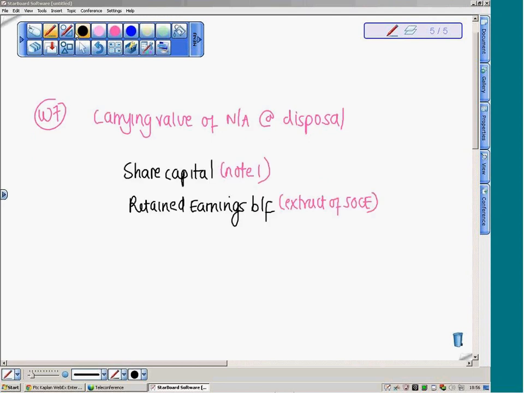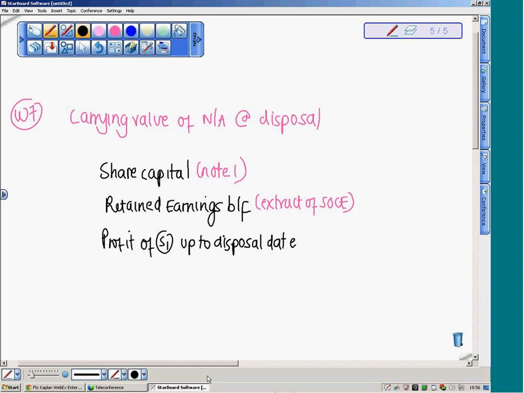Okay, and then I want to realise that if I want my net assets up to the disposal date, I need to include in my retained earnings the profit of subsidiary 1 up to disposal date. Now, any dividends paid by the subsidiary prior to disposal, you would need to adjust that here.